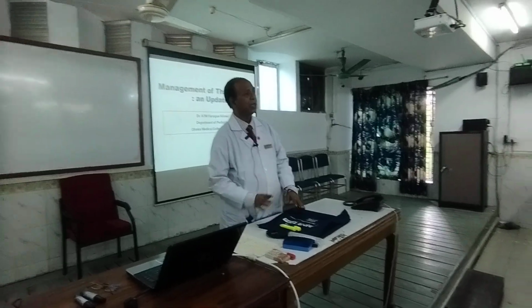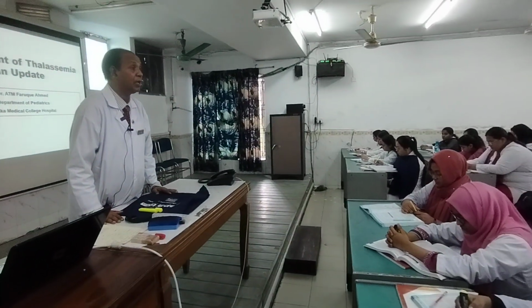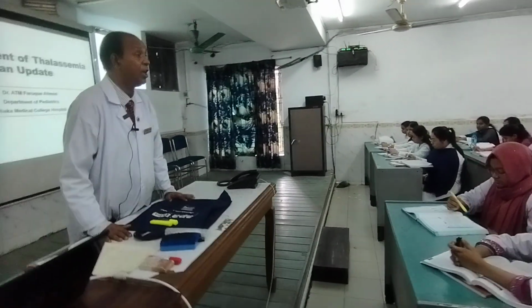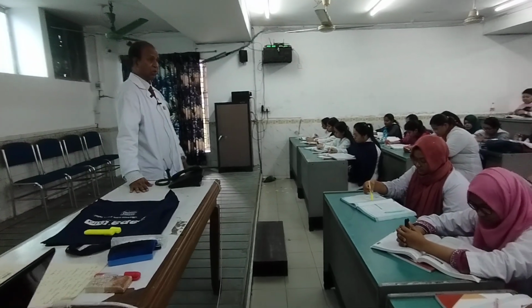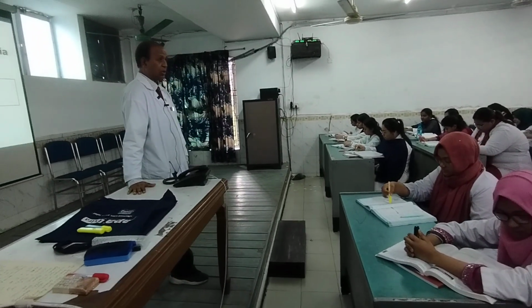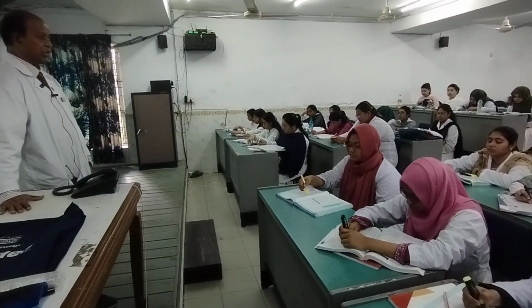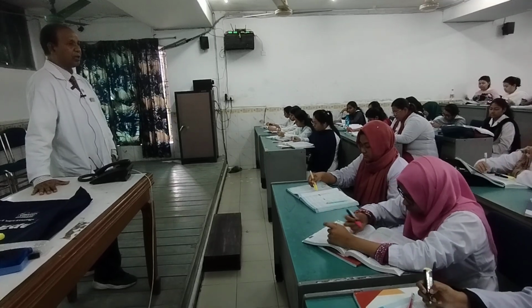Now, first I would like to highlight the beta thalassemia. Beta thalassemia has 3 types. One is beta thalassemia major, then beta thalassemia intermediate, then beta thalassemia minor. Minor is always a carrier state.